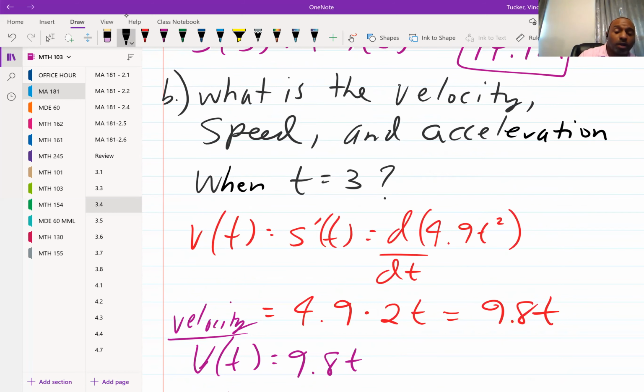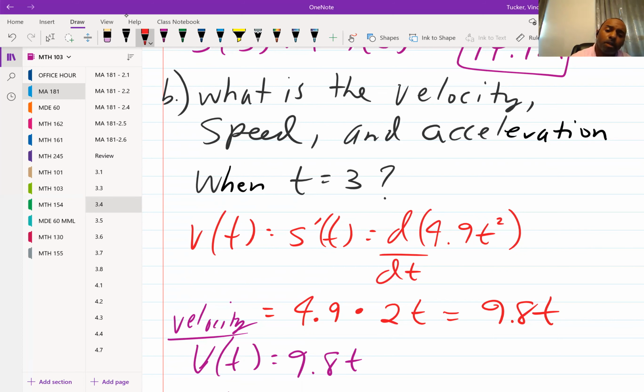So remember, whenever we're doing a derivative, that 4.9 is just a constant. So that stays on the outside. It's not affected by the derivative. Then as far as t squared, bring the 2 down, subtract 1 from that. 2 is your exponent, so it'd be t to the first power.